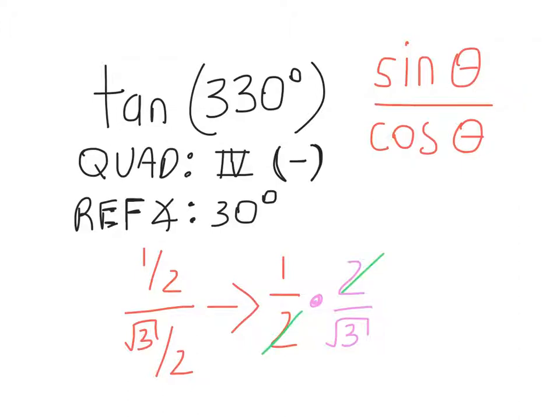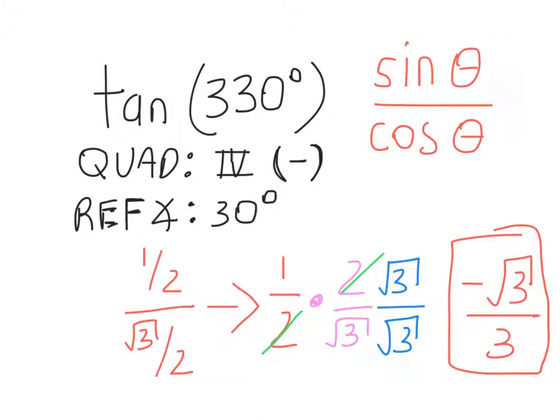The 2's will divide themselves out, but we still have a square root in the denominator, which is not how mathematicians generally prefer to write it. So we'll have to rationalize the denominator, multiplying by the square root of 3 divided by the square root of 3. Therefore, the tangent of 330 degrees is negative square root of 3 divided by 3.